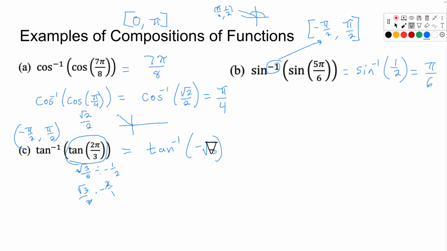So we are in the fourth quadrant. Remember, we are limited to negative pi over 2 to pi over 2. Negative square root of 3 relates to negative pi over 3. We could go onto the unit circle and look it up.